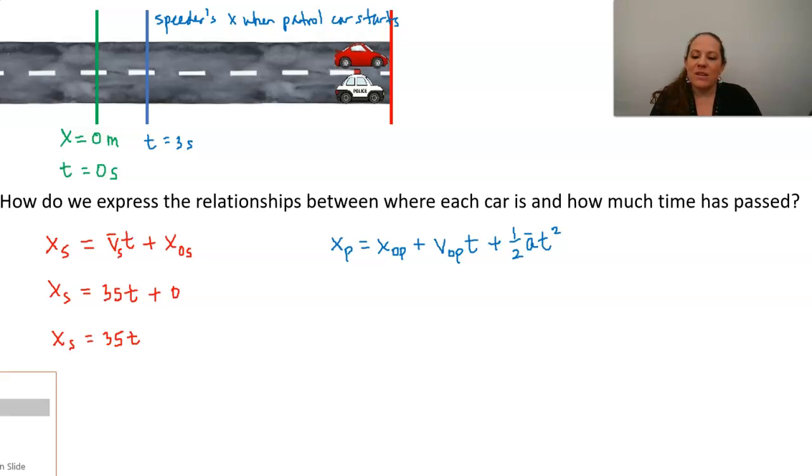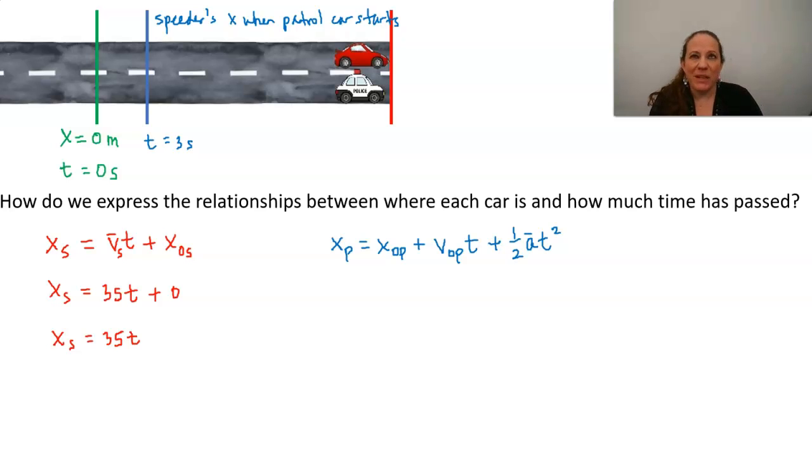So here's the thing. Our patrol car started 3 seconds after our speeder did. So our patrol car's motion is happening for a different amount of time. In order to solve this problem algebraically or graphically, we need to make sure that both equations are talking about the time in the same frame of reference.